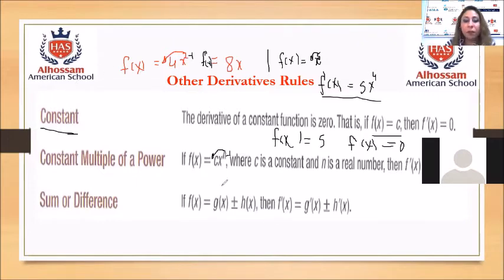For example, if I have f of x equals 4x to the power 2, for example, plus 3x, what I'm going to do now is find the derivative of each one of them. If you calculate this one, multiply 2 times 4, so it will be 8.